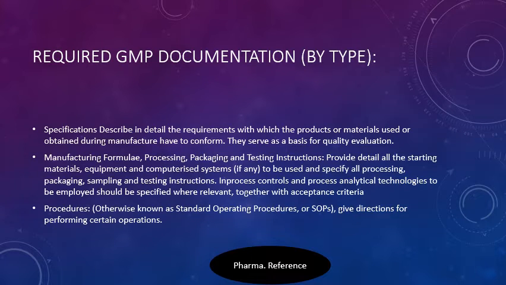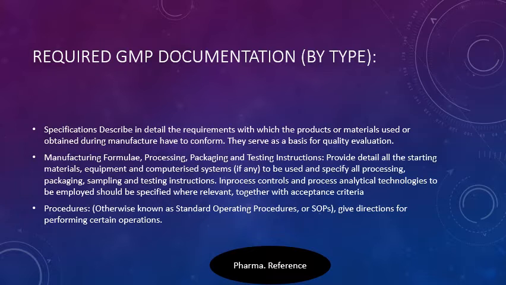Required GMP documentation by type. A specification describes in detail the requirements with which the products or materials used or obtained during manufacture have to conform. They serve as a basis for quality evaluation.